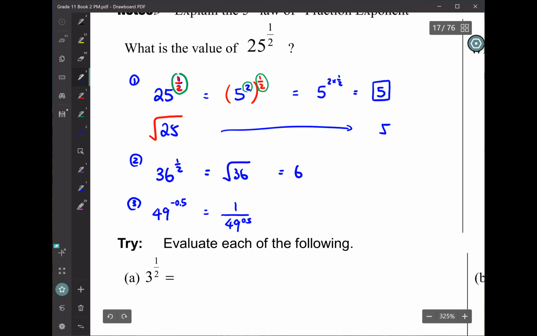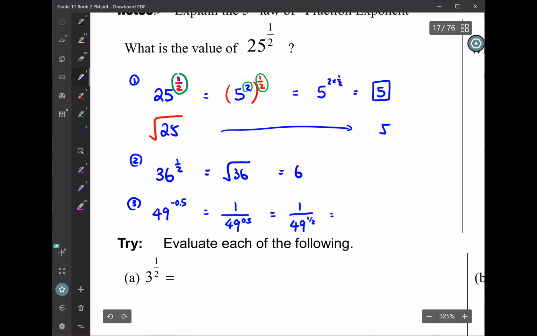Yes, perfect. You use your knowledge from last week: move it to the other side. And the 0.5 is the same as half. So it's 1 over 49 to the half. I'm doing it very slowly, showing every step.